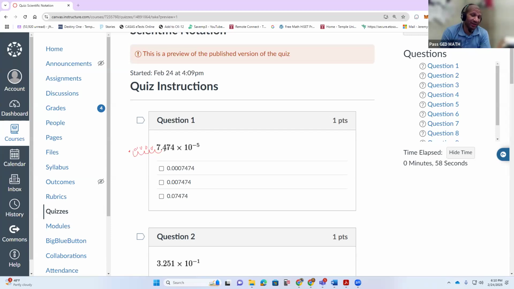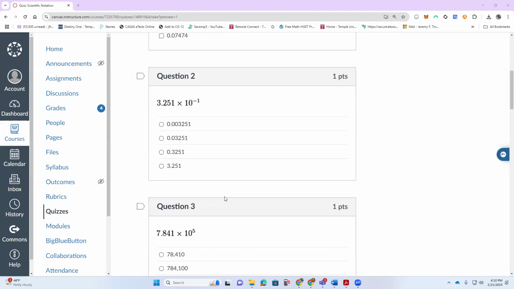If you had picked A, that's probably a mistake of mine. But again, you have to move that decimal 5 places to the left. So 1, 2, 3, 4, 5. We have 4 zeros in front. This only has 3 zeros. See that? So actually, it should have been 0.00007474. Yeah, I noticed something was wrong. I said it's 4, but it says negative 5. That was the closest one. I couldn't pick 3 or 2. Even I make mistakes.